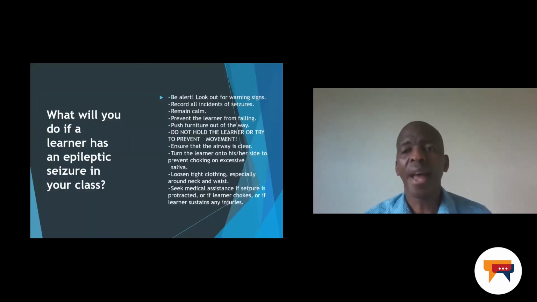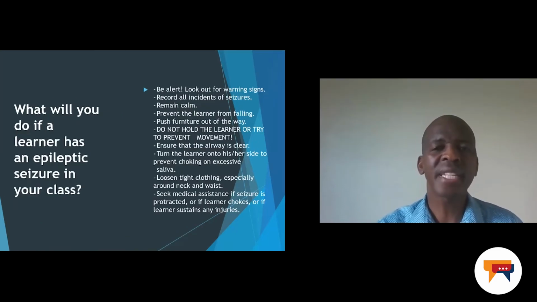Right. Now we're moving on to a new cause of barrier to learning, which is epilepsy. Epilepsy is very difficult to deal with, especially if it's not the kind of epilepsy accompanied by obvious seizures, but a kind that is very subtle.